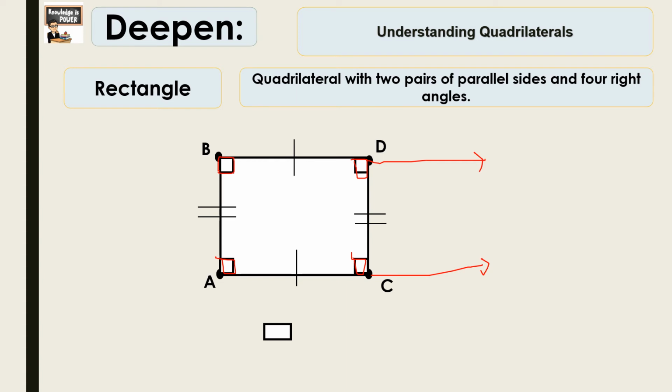So they have the same properties as a parallelogram, but the rectangle has four right angles. For example, this is 5, and this is 5 also, and this is 8, and this is 8 also. This is the same as a parallelogram, but the parallelogram doesn't have four right angles.